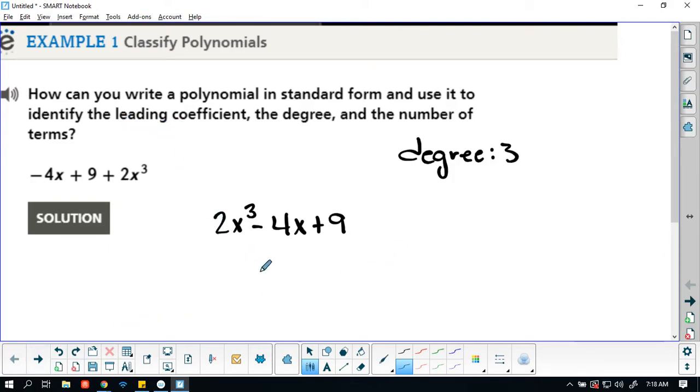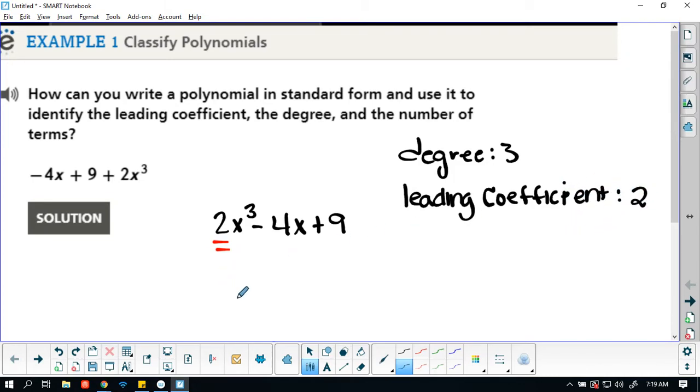We could also identify the leading coefficient, or the number that's leading this whole, basically, polynomial train. So the leading coefficient here is 2. All right, and then the number of terms we have 1, 2, 3. 3 terms.